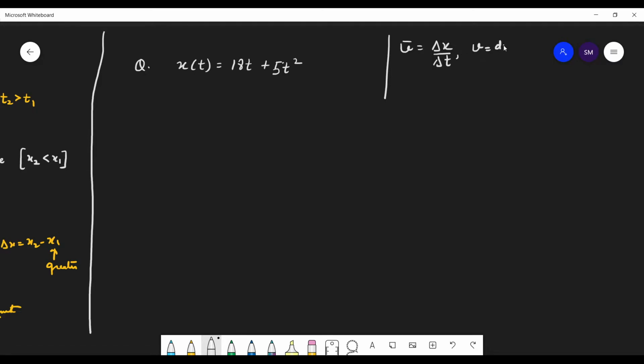So there I take the displacement as very small and take the time as very small. Now it will be very difficult if the time is very small.